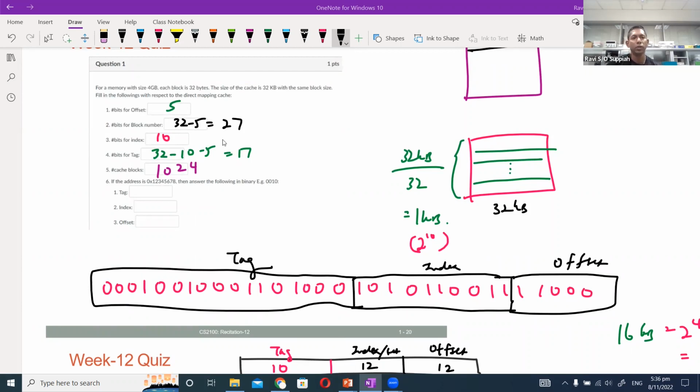Since we already know from the earlier calculation that the last 5 bits are offset, then another 10 bits for index, and the remaining is tag, you just separate accordingly and then you get the bits. Yes, correct. You just convert the hex to binary and split.